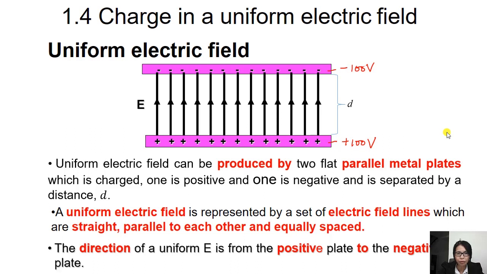The direction of uniform E will run from the positive plate to the negative plate. So the concept is still the same as a point charge. The electric field lines come out from the positive plate and go into the negative plate. So this is what we call uniform electric field.